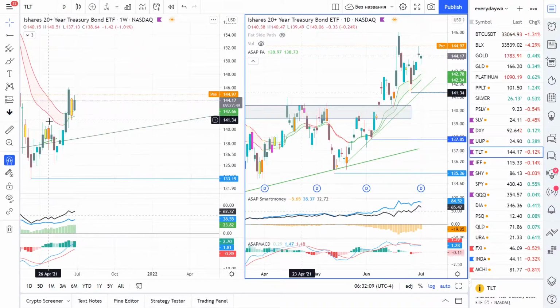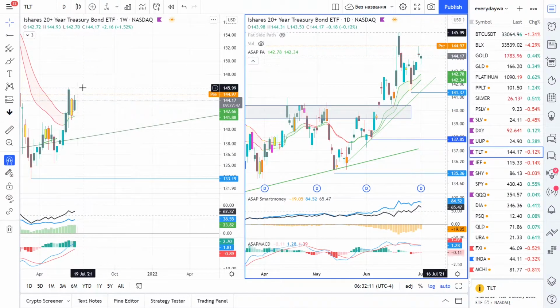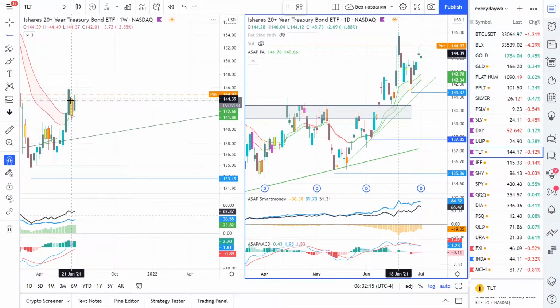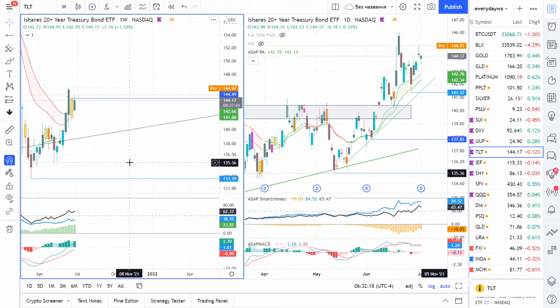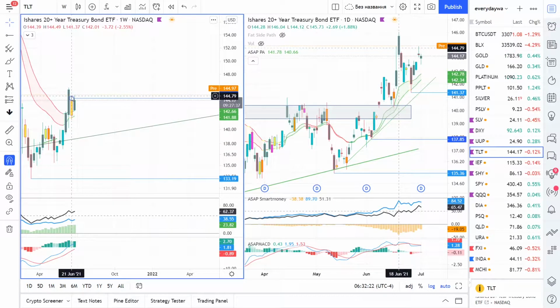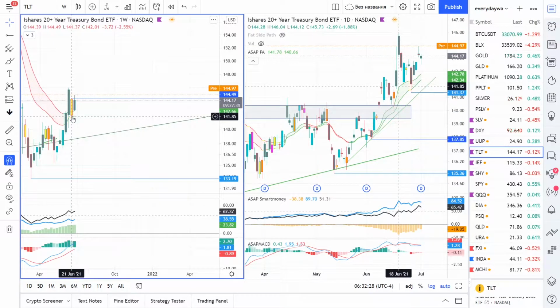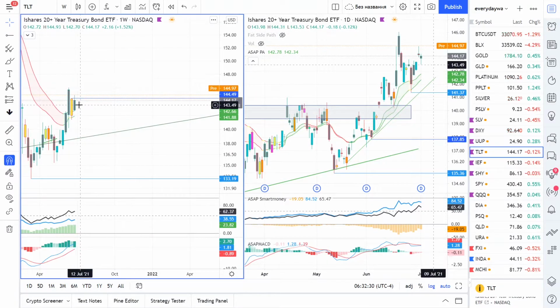On the TLT chart, we should look for a weekly close above last week's high. That will be super bullish. That would demonstrate that we broke through the support and resistance band. We tested it, and we made again sort of a sandwich with a negative candle in the middle.